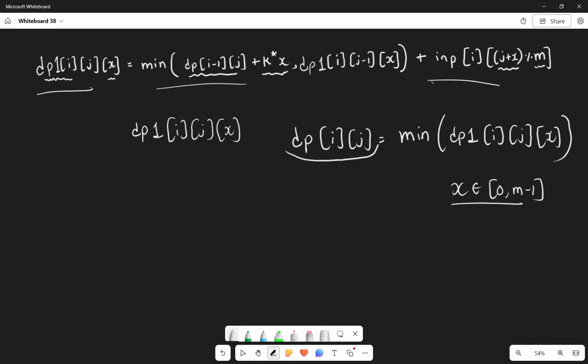So why do we need to do that? Basically, when you calculate the answer for this cell, you then need to update its dp. You need to update its dp for the calculation which will be performed for the cell below.